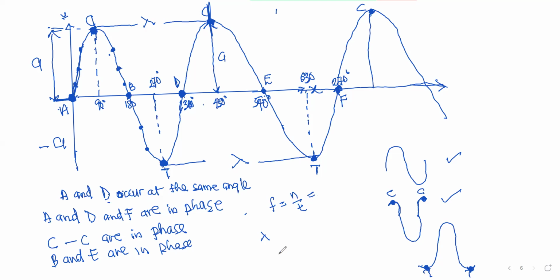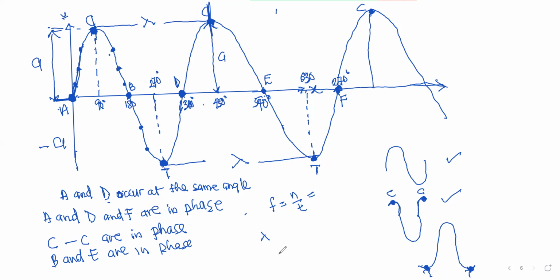So frequency is the number of complete cycles of a wave propagated within a second, but it can also be at any other time, t.